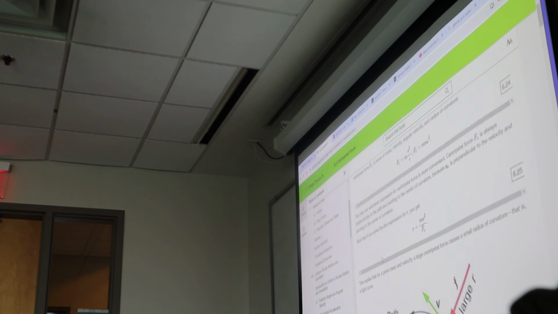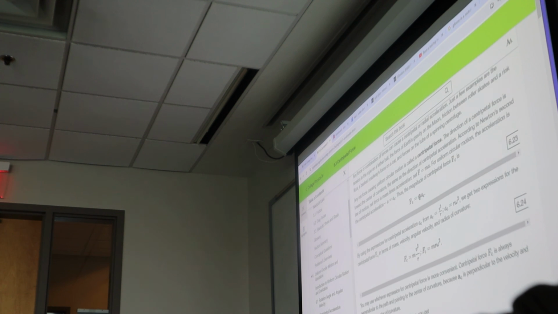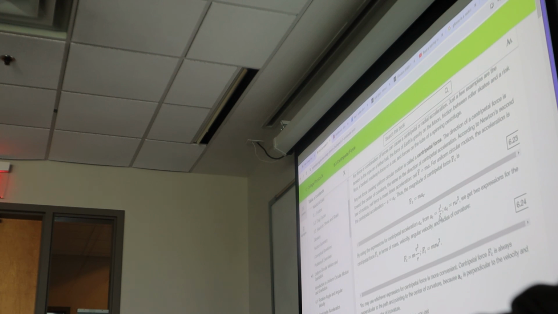We know F equals ma, so it's mass times a, and for centripetal acceleration a is v squared over r, which is also r omega squared.